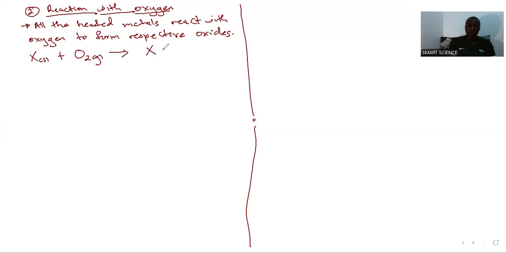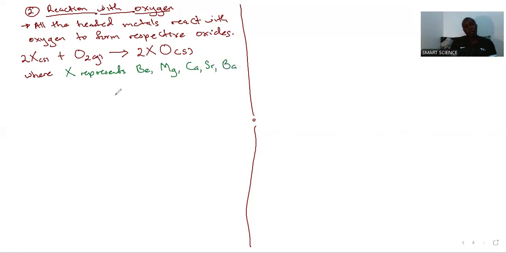In this case, the oxide formed is a solid, and we shall balance it where simply our x represents beryllium, magnesium, calcium, strontium, and barium. Now, when you're looking at these oxides, it has not been requested for.